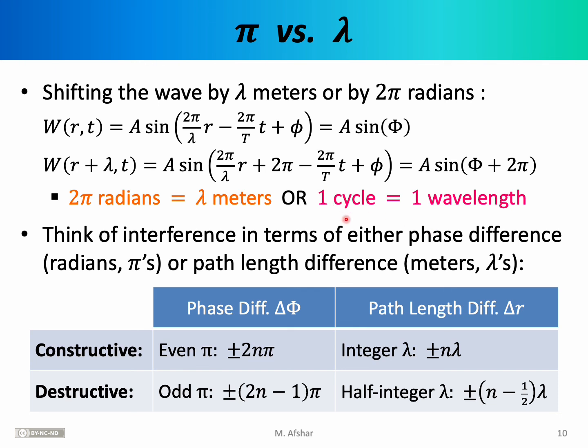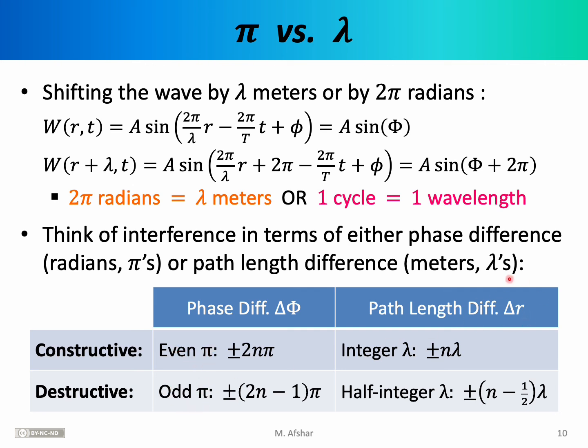Armed with this information, you can now look at interference two different ways. When you're talking about constructive and destructive interference, you can either calculate the phase difference, that's delta phi, or you can calculate the path length difference. By path length, I mean, of course, R2 minus R1. If you're going to analyze the problem in terms of the difference in phase, then you need to talk about even pi and odd pi.